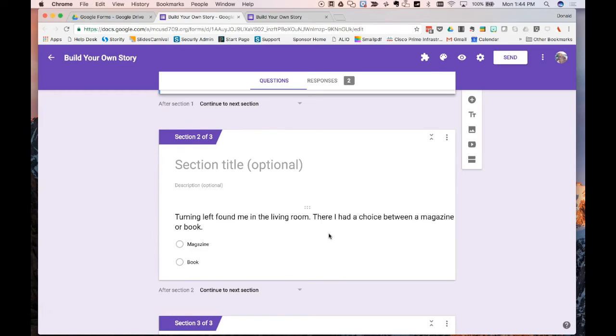What's going to happen if they choose this one, and then, okay, we're going to have 25 sections, and if you pick this one, you have to link it to section 4, and then if you pick number 4, you have to link that to section number 12. It's not hard. It just takes a little bit more time.